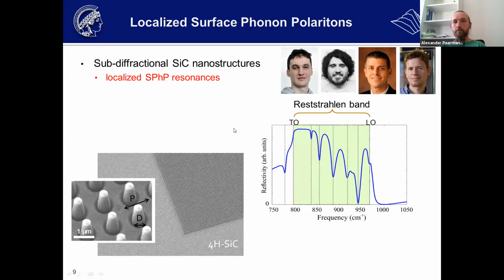The important perk that also triggered me to start working on this was that these polariton resonances, which you see as deep and narrow dips in the reststrahlen reflectivity spectrum, are so narrow that they fitted well to our laser, which is a narrow band laser, and we thought we can fully put all the energy into a resonant mode.